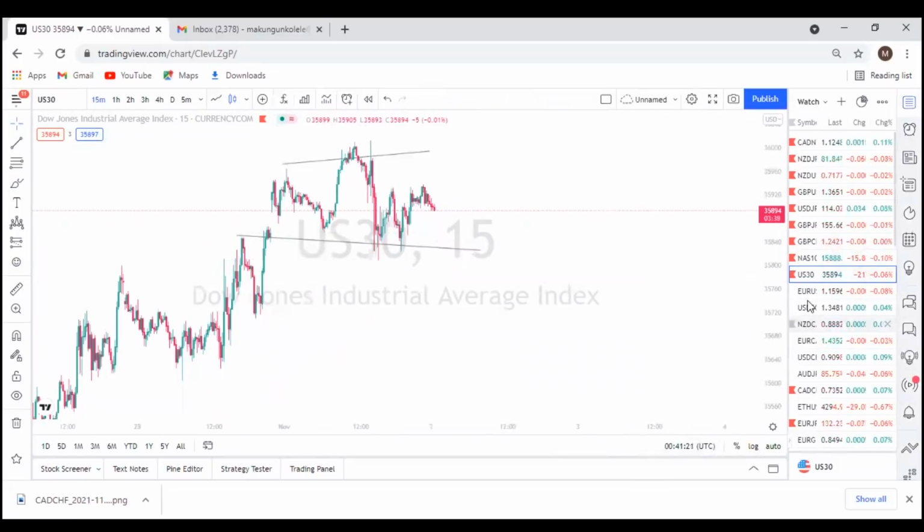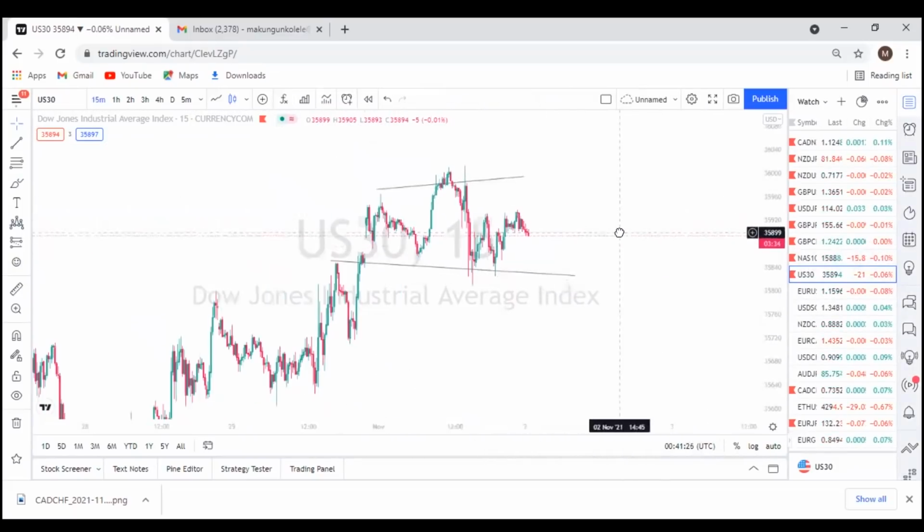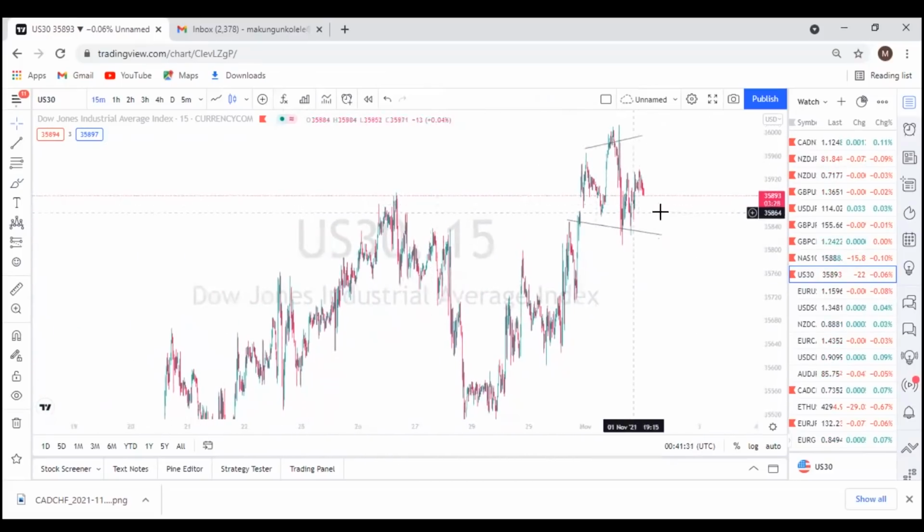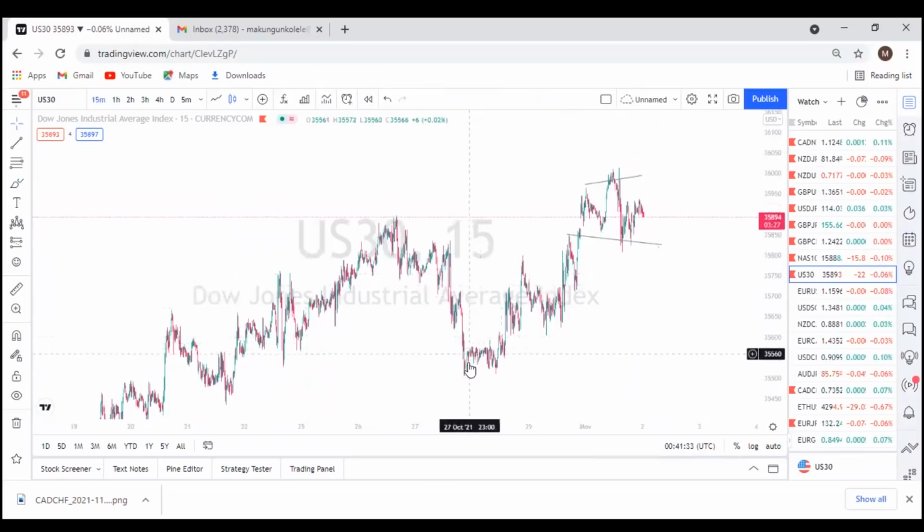I'm in favor of the buy with this one, not the sell, not the head and shoulders, because there was this momentum to the upside right here.